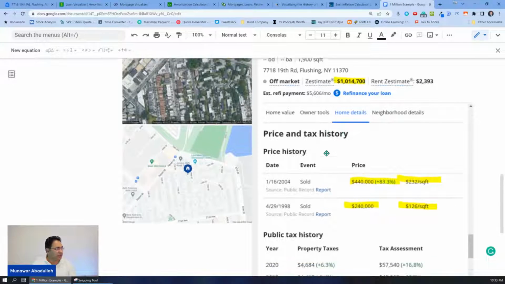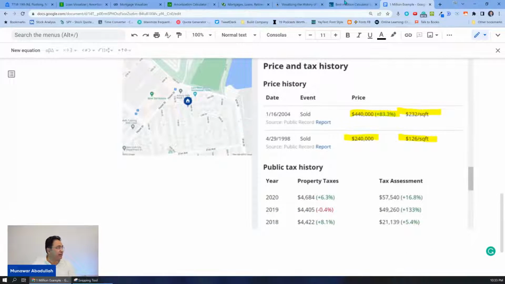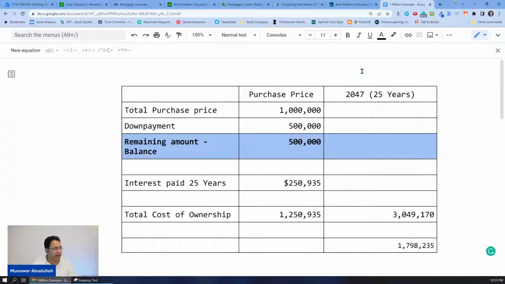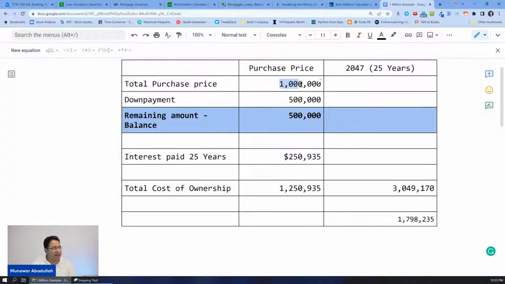Now, what you can do: you are buying a home which is $1 million, dirham or dollar. You are paying a 50% down payment, and then you are borrowing about 50% against a mortgage from the bank. Your interest will be around $250,000.